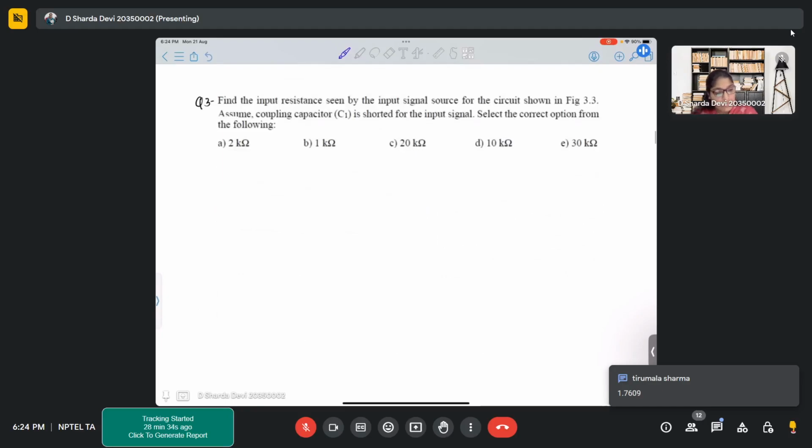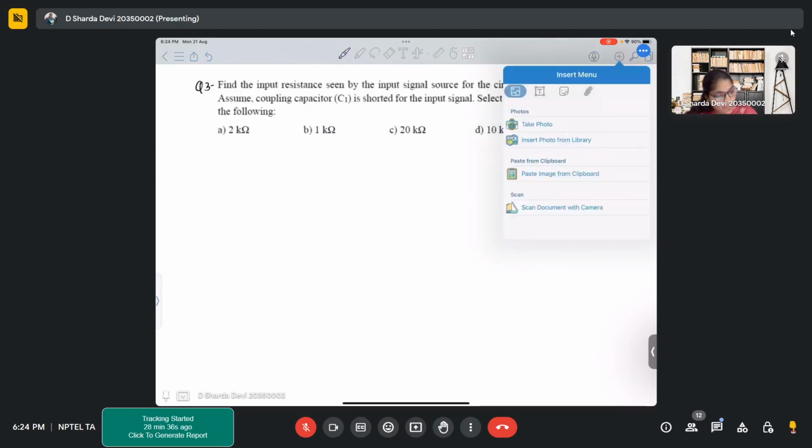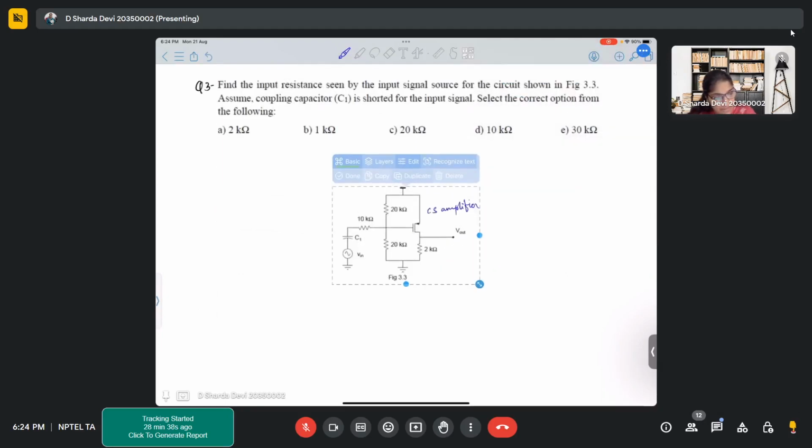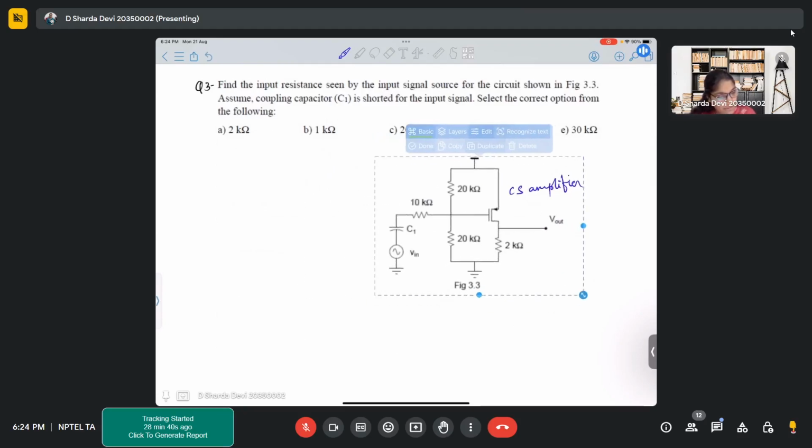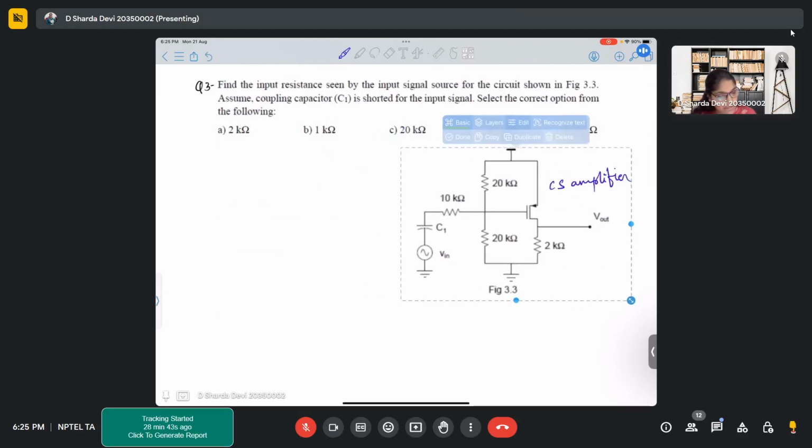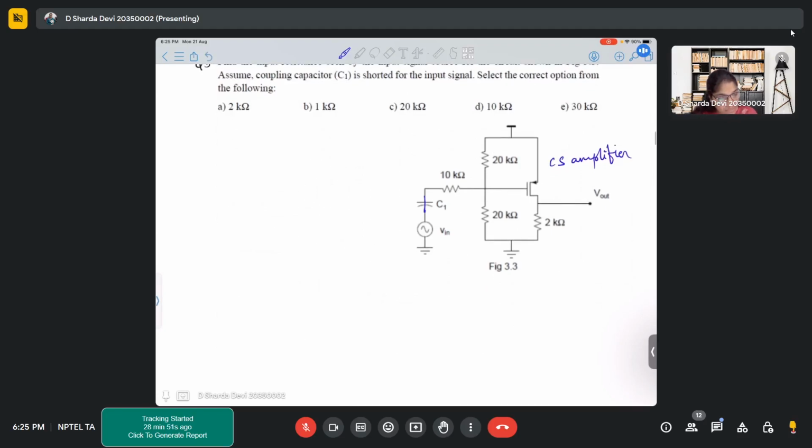So moving on to the next problem with the same circuit. Here we have to find the input resistance seen by this particular circuit, considering that C1 is shorted. What will be the input resistance seen by this voltage source?